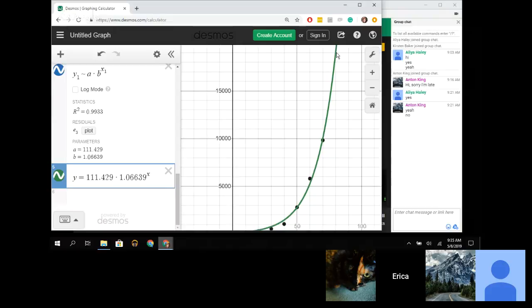All right, I'm going to do a quick Google search and tell you. US GDP in 2010.